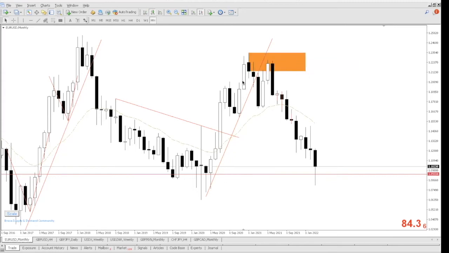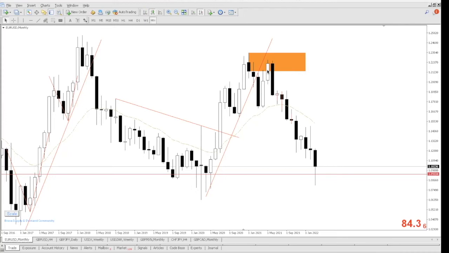Why am I drawing my zone here? Because this is where price crossed the trend line. I draw it here and then I set my limit orders. The top area is where I put my stop loss, and down here is where I put my sell order.